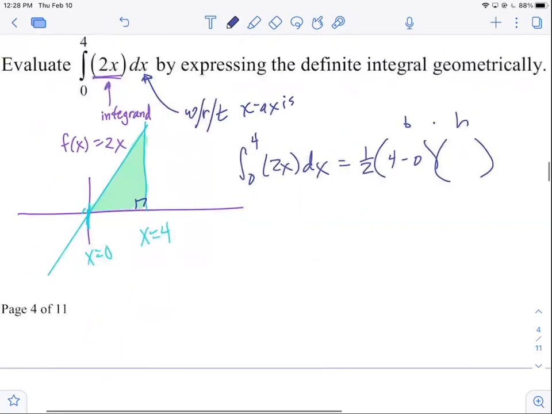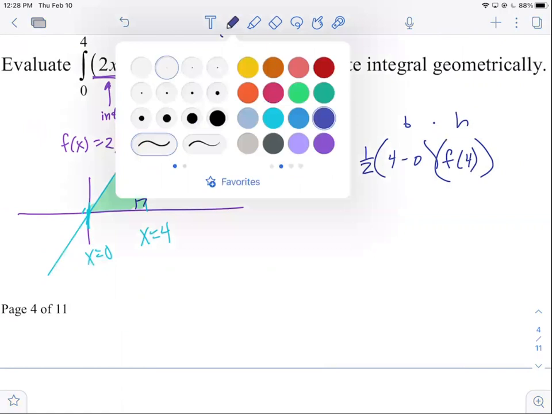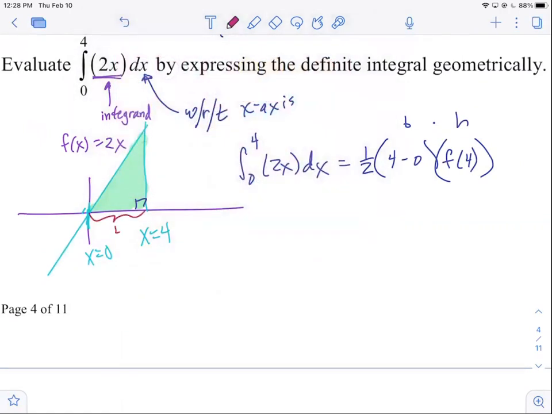And what's the height? Well, it's just the function value at 4. You can actually label it. This is 4 units tall, and this is 4 times 2, that's 8. So you could just plug it in and say, oh, that's 1/2 times 4 times 8. And now you just simplify. Half of 8 is 4, times 4, it's 16.